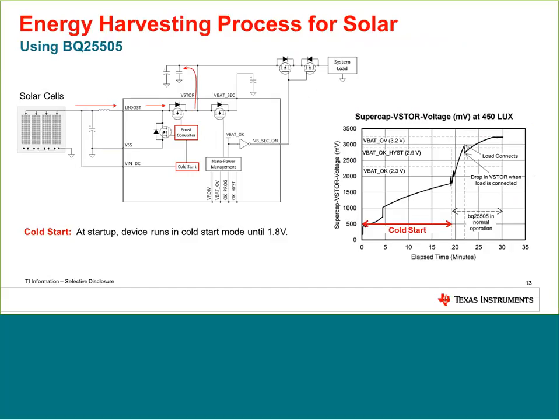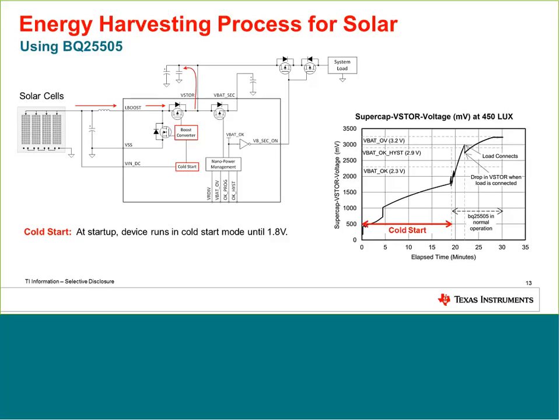Cold start will happen when our capacitor is under 1.8 volts. So the solar cell will start to trickle current through the boost converter. Basically, it will not work as a boost converter. It will just go through the main switch. You can see with the red arrows how the energy is going, and the cold start will just permit that energy to transfer to the capacitor and charge the capacitor up to 1.8 volts.